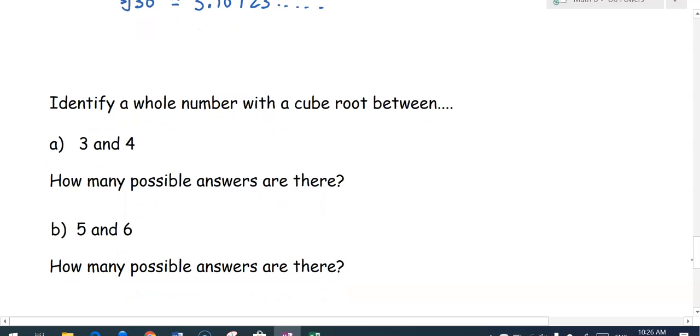Let's identify a whole number with a cubed root between 3 and 4. Well, I know the cubed root of 27 is 3, so therefore the cubed root of 28 is going to be greater than 3, and we are going to go all the way to, and what about 4? 4 is the cubed root of 64, so less than that would be the cubed root of 63.